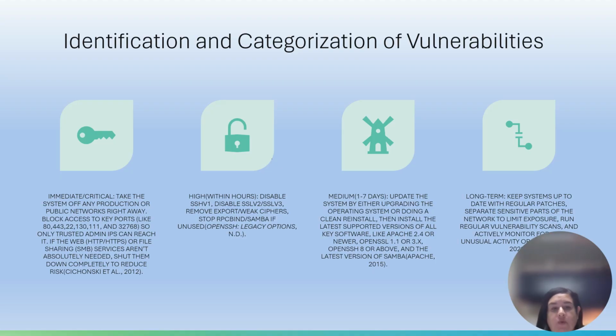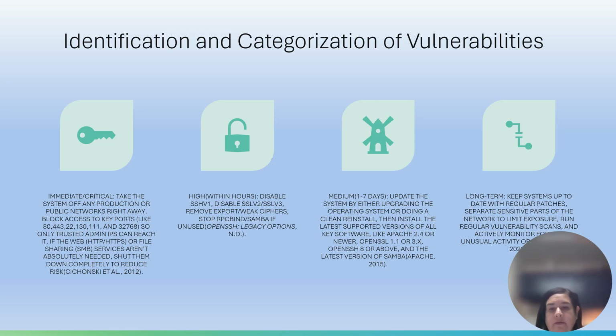Block access to any key ports, so only trusted admin IPs can reach it. Next, high vulnerabilities: disable SSHv1, disable SSLv2 and 3, remove export weak ciphers, stop rpcbind and Samba if unused.